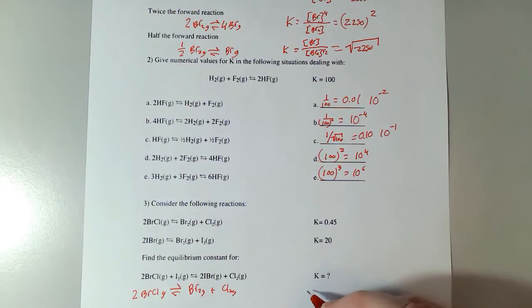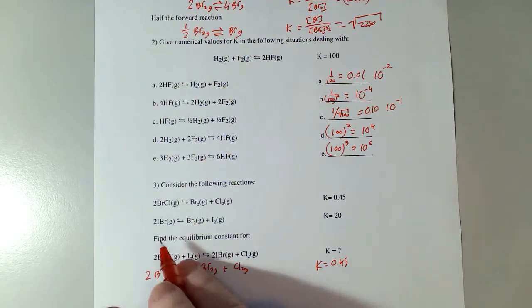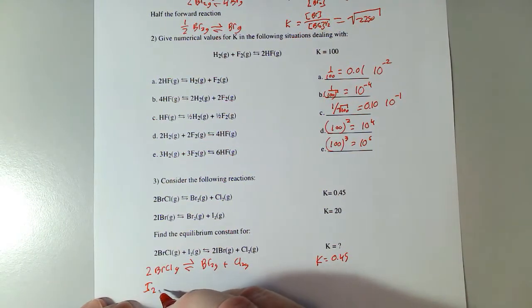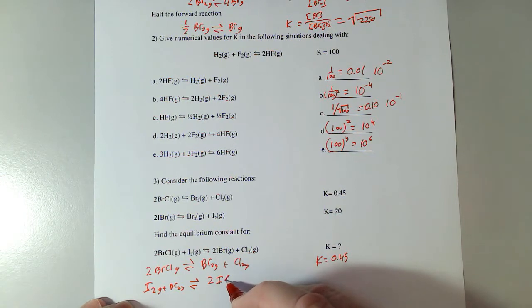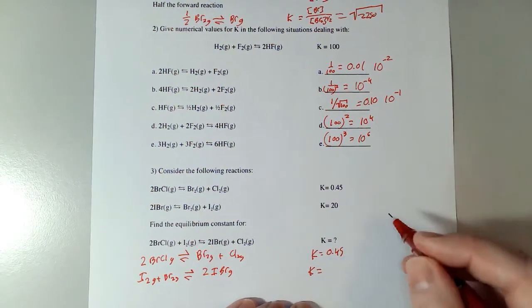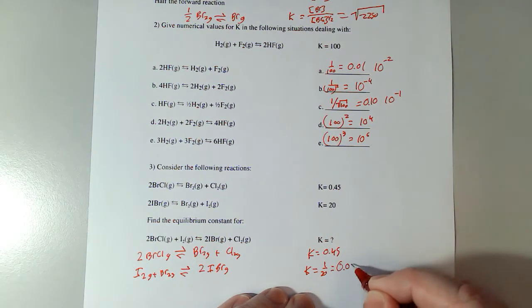I don't want to change it at all. K equals 0.45. But I want to reverse this one to get the I2 over there. So I2 gas plus Br2 gas gives me 2 IBr gas. And this K is going to equal 1 over 20, or 0.05.